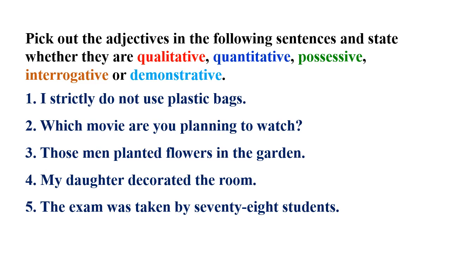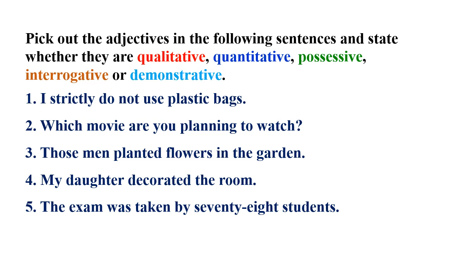The 3 commonly used interrogative adjectives are whose, which, and what, and these appear only right before a noun in a sentence. And the demonstrative adjectives are this, that, these, and those, and these also appear only before a noun in a sentence. Pause the screen, think about what the answers would be, and then resume the video to discuss the answers.